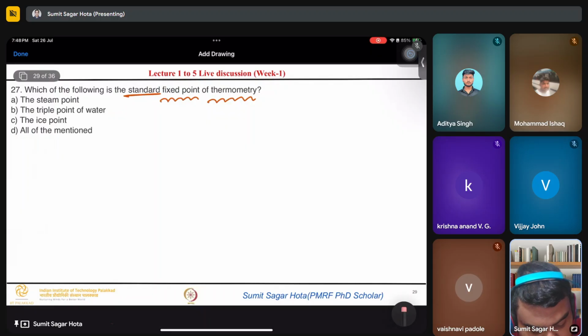For any kind of system, for any state of water, the only point which is applicable is the triple point of water.